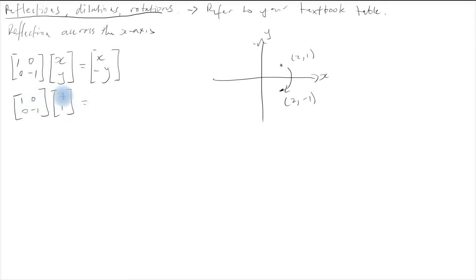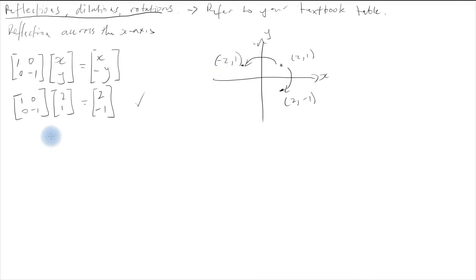So 1 times 2 is 2, plus 0 times 1 is 0, so nothing there. And 0 times 2 is 0, 1 times minus 1 is minus 1. And that is what we get over here. So there we go, reflection across the x-axis. In a similar way, a reflection across the y-axis would have taken us to this point, negative 2, 1.